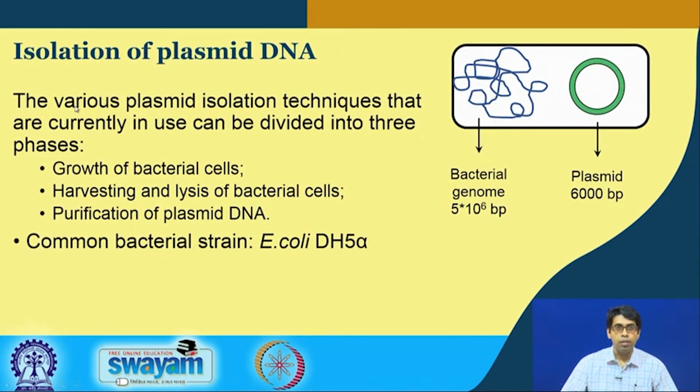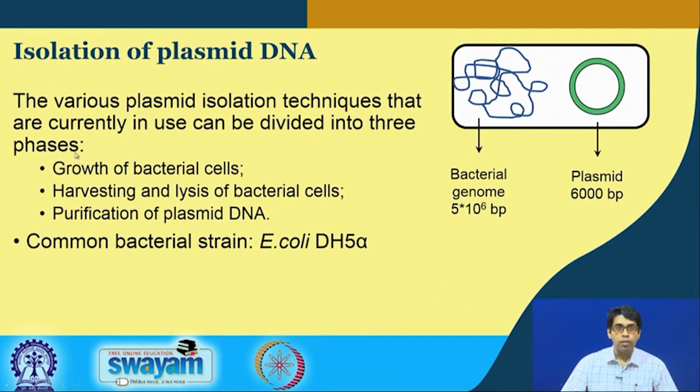There are various techniques of isolation of plasmid DNA and they vary in different respects, but you can divide them into three major phases that are common to all these techniques.